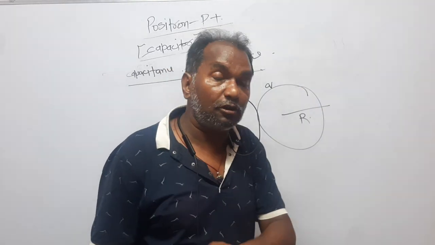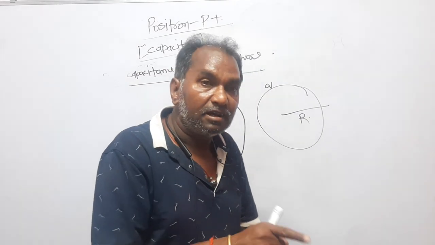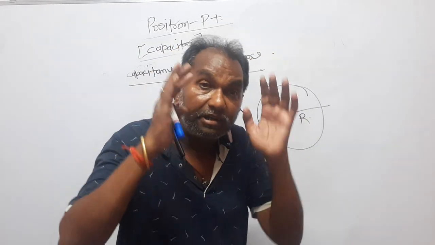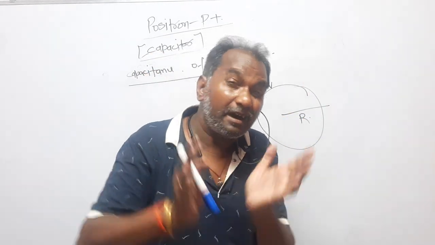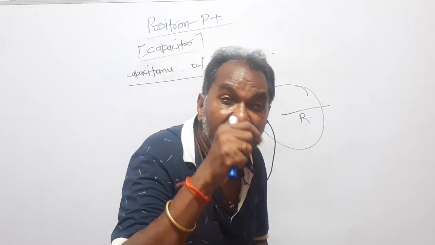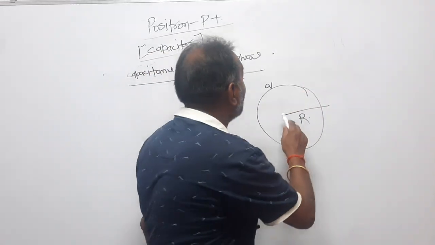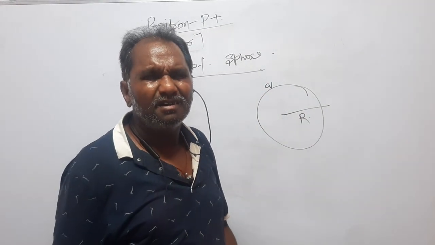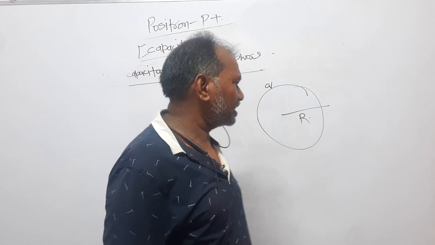If it is a solid conducting sphere, even then, wherever you give charge, even at the center, the charge will automatically come to the surface. Why is it so? We will talk about that further, right?